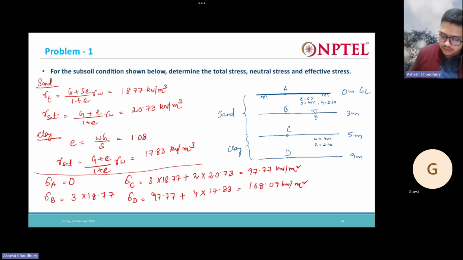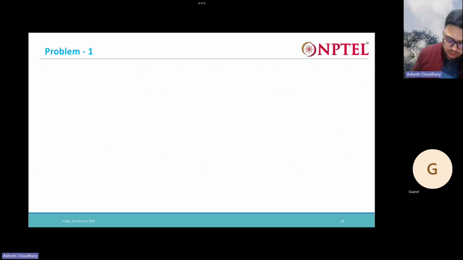Now I will write the pore water pressures. The pore water pressure at A is 0. Pore water pressure at B is 0. Pore water pressure at C is 2 times gamma w, 9.81. Pressure at D is 6 times gamma w. Therefore, effective stress at A is total stress at A minus pore water pressure, 0.